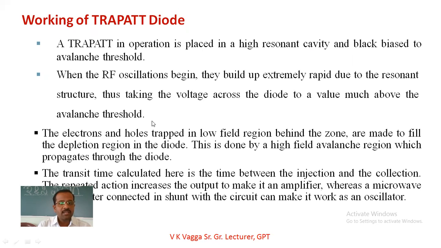It is going to enter into the negative resistance here. And the electrons and the holes are going to be trapped in the low field region behind the zone, and are made to fill the depletion region in the diode. This is done by the high field avalanche region, which propagates through the diode here.